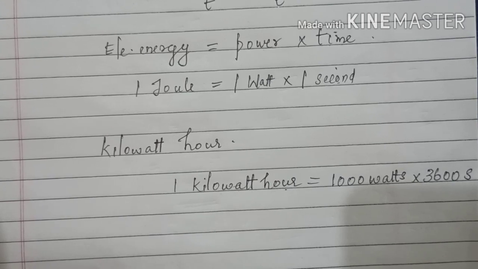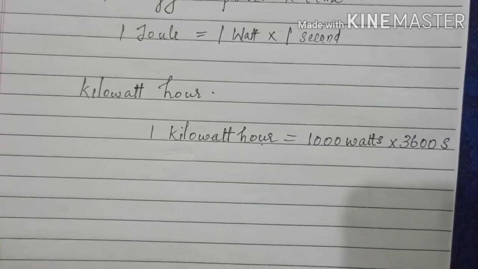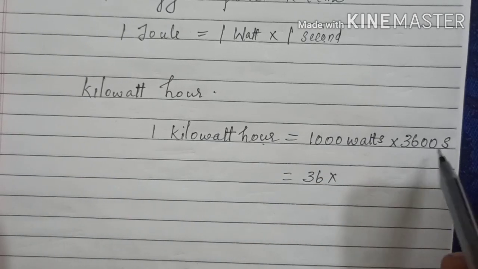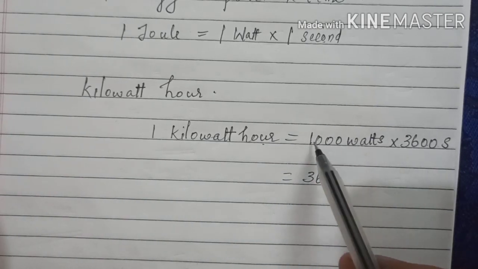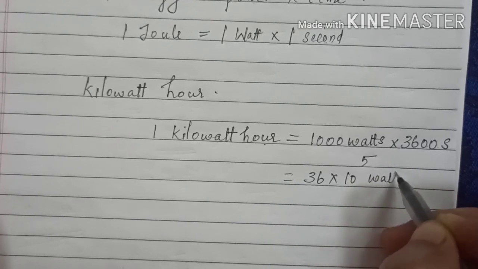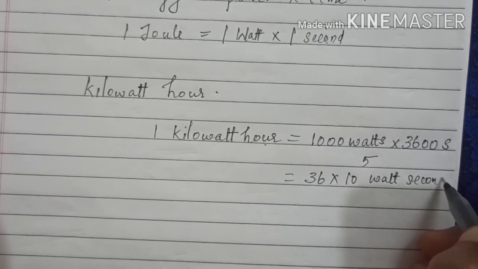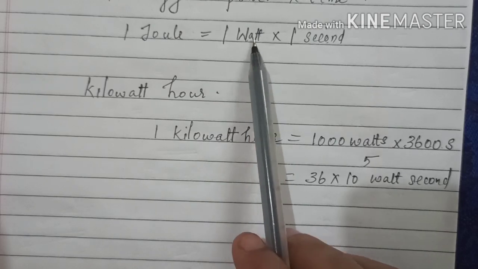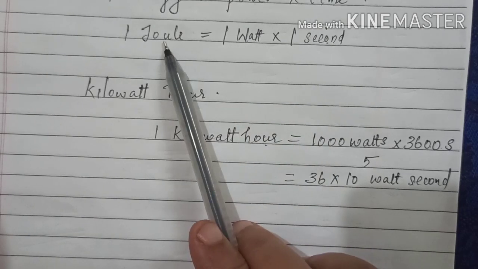That is, 1 kilowatt is equal to 1000 watts and 1 hour is equal to 3600 seconds. So how can you rearrange that? Listen, 36 into how many zeros? 1, 2, 3, 4, 5. 36 into 10 power 5 watt second. Clear? And watt into second is joule, isn't it?